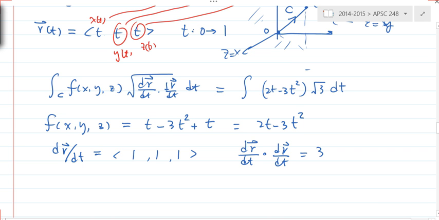And what will the integral limits be? Between 0 and 1. You look at this integral, that's not strange, that's pretty straightforward, so you can carry it out no problem at all.